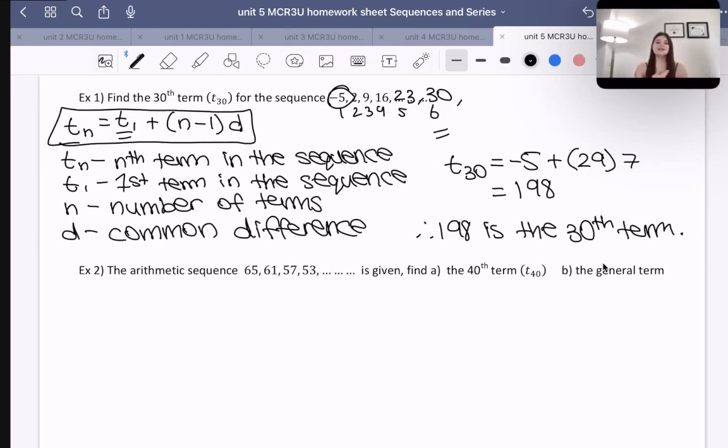And it's the same idea here, just written in equation form and used specifically for sequences. Basically, we start with this term, and then we multiply the common difference by the number of times we're going to go up or go down by that common difference. And so that's where this formula comes from.